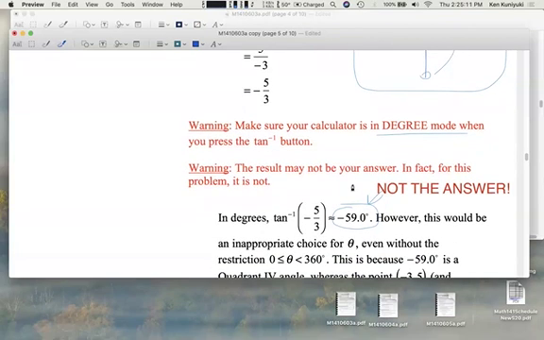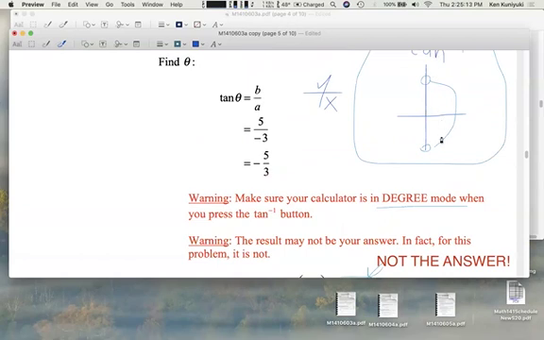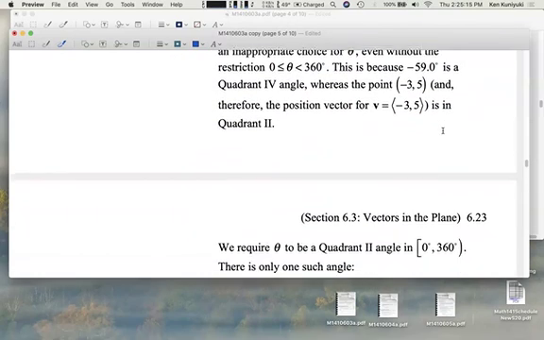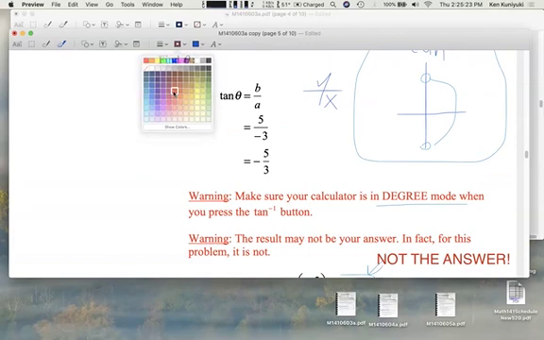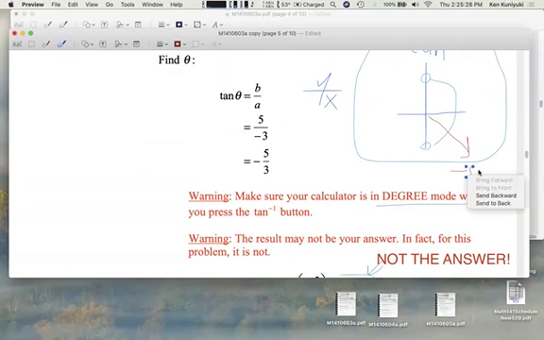Where is -59 degrees, folks? It's in quadrant 4. Here's a picture. -59 degrees is in quadrant 4. He's the wrong guy, right? He's over here. We're going in the exact opposite direction we want to go in.